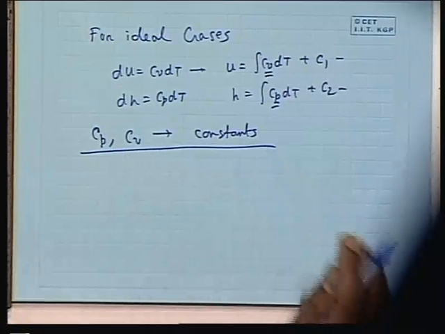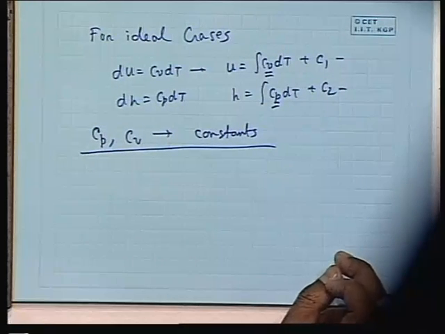They do not become functions of temperature or any other properties. Sometimes this is known as a calorically ideal or calorically perfect gas. But for an ideal gas, we always assume that it is a calorically ideal gas until and unless it is told otherwise. These are not very rigid things.